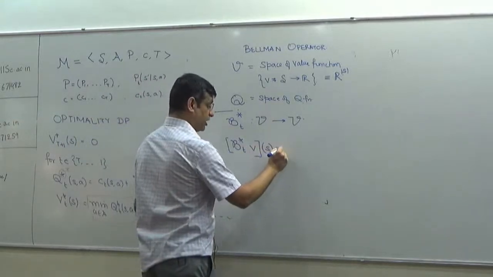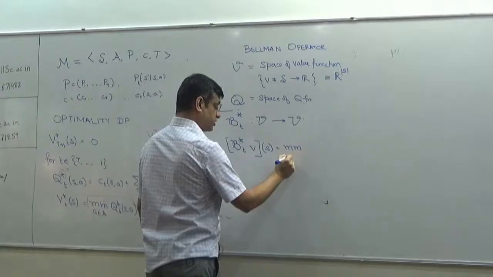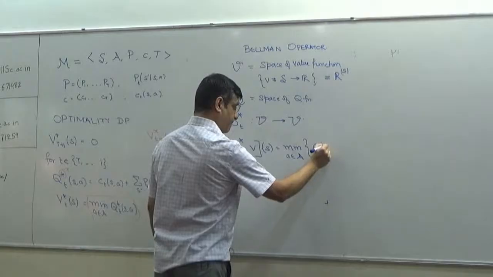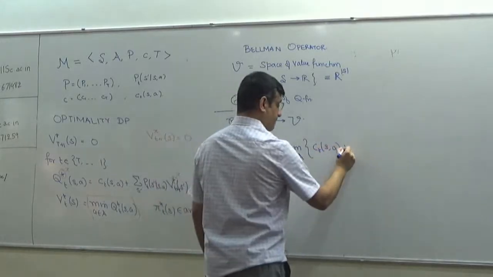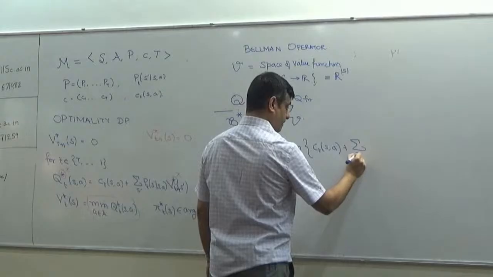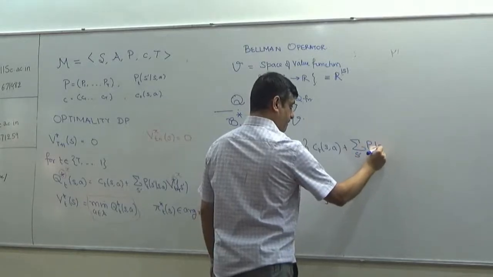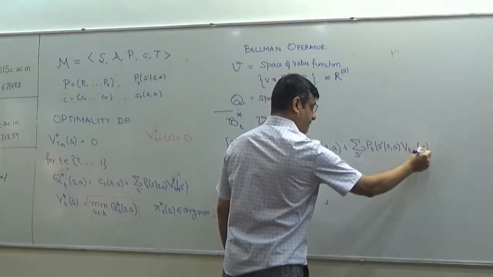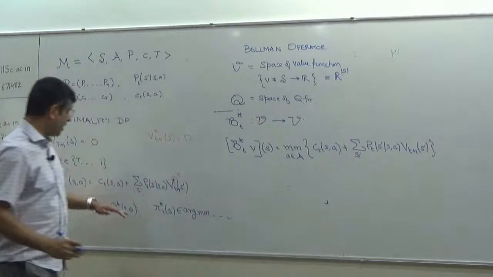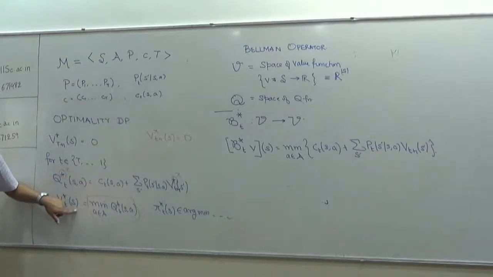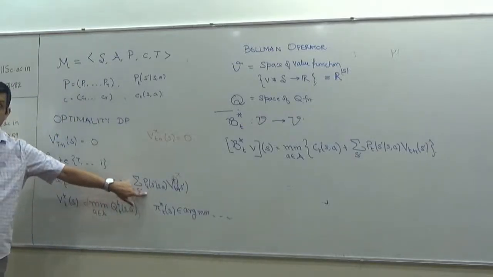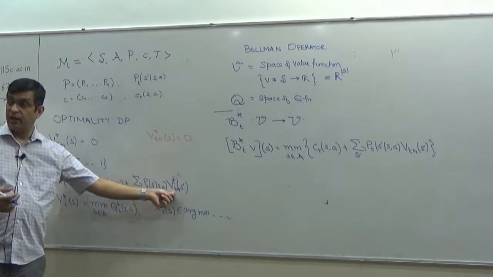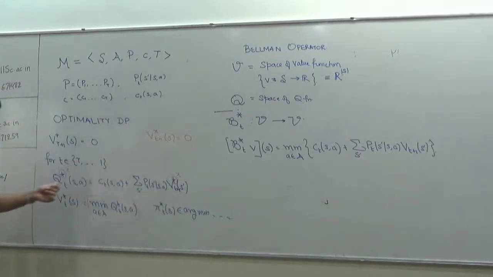This is minimization over A. Okay. So, basically what I have done is I have taken this part, V star t is minimization of this guy, and I am saying I am going to think of this as an operator which takes an input which is this value function and gives me an output which is this value function.